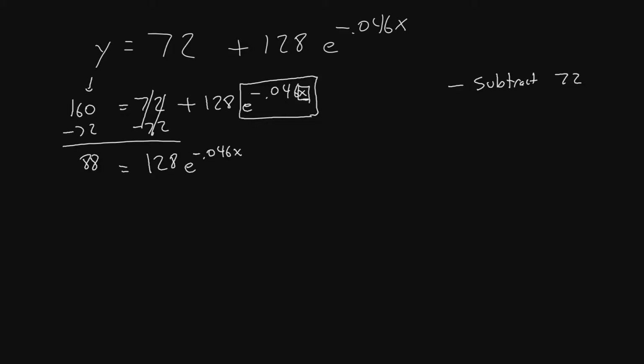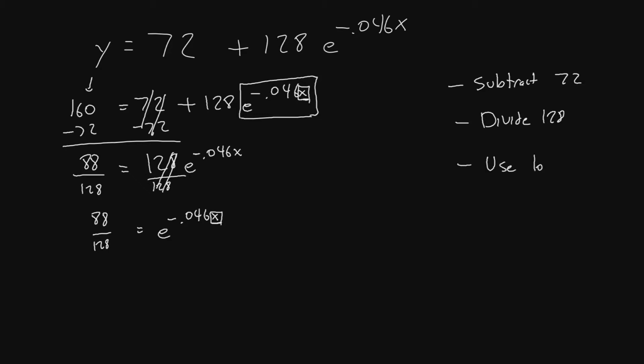Now we have to move the 128 to get the e by itself, so we will divide by 128. The 128 cancels out, and we have a fraction, 88 over 128 equals e to the negative 0.046x. Now our x is stuck in an exponent, and to remove it, we should use either log or ln.